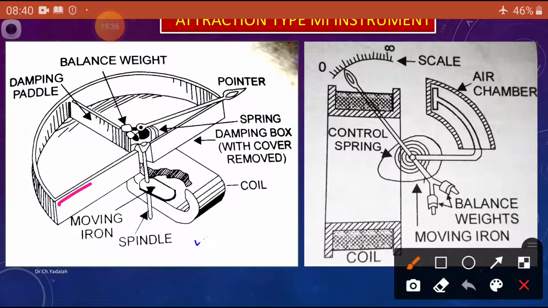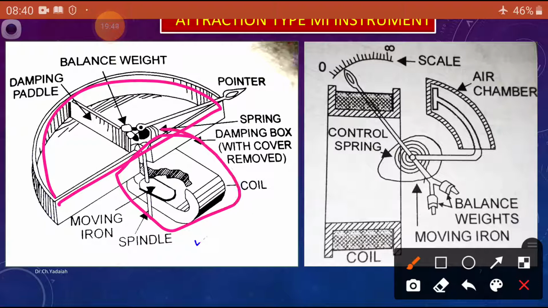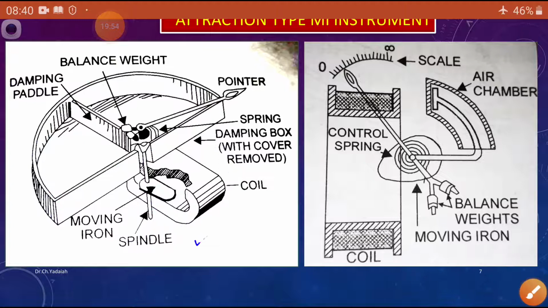So you can see this is the fluid friction damping purpose, and this is a coil. You can see this is a coil in which one iron piece in oval shape is placed, and this is the spindle. You can see the side figure also. Okay, these are the different parts.